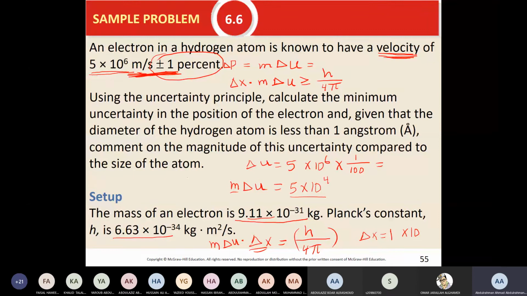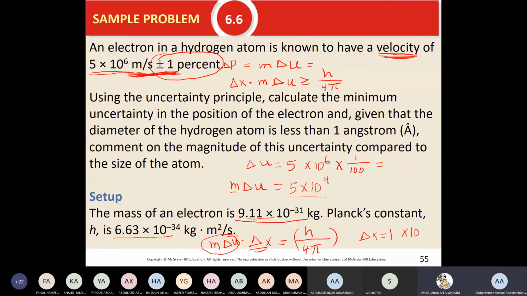Something is wrong. Did you divide it by m delta U? Yes. So what's the answer? It is 1.05 times 10 to the power minus 39.